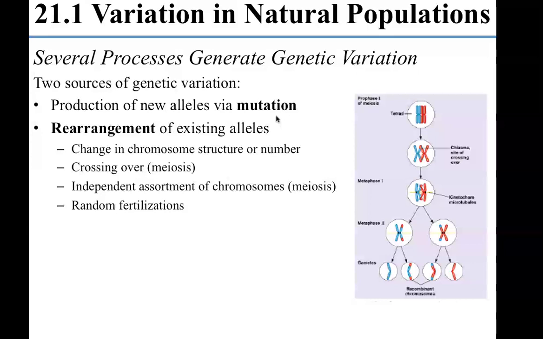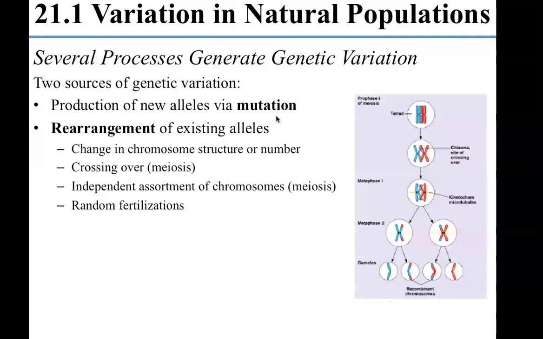So a mutation is simply any change in DNA. And there's different types of mutations, which you probably learned about in the first half of the semester. In each case, the mutation creates a change in the DNA, and the change in the DNA will cause a change in the RNA, and a change in the RNA can create a change in the amino acids that the DNA is coding for.